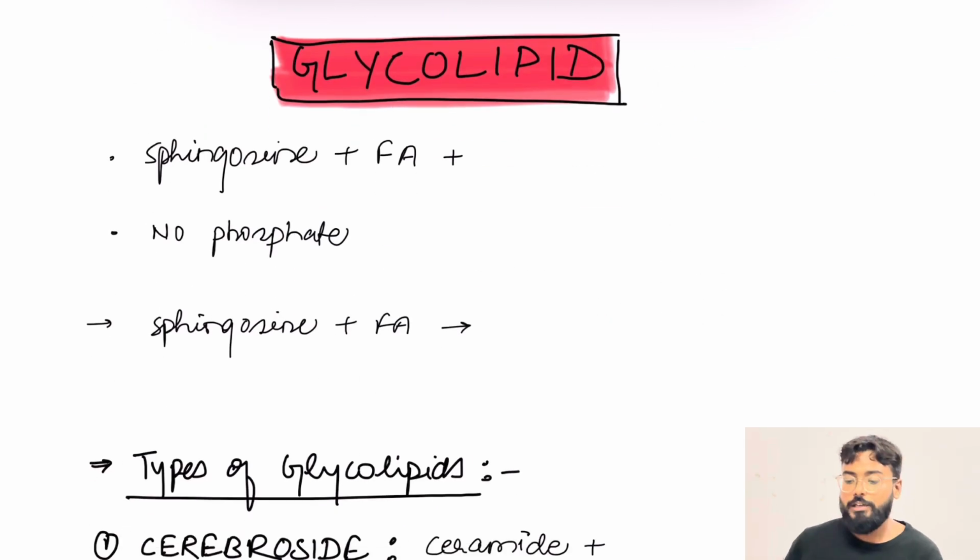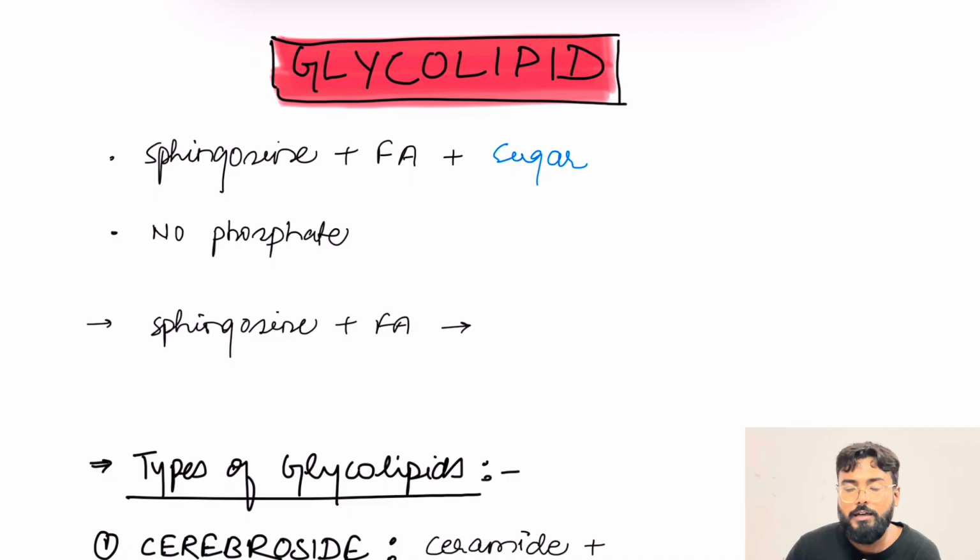Now moving on to the next, your glycolipids. What are the components which form glycolipids? That is sphingosine plus fatty acid and sugar. Any sugar, like monosaccharide, disaccharide, oligosaccharide. When the sugar combines with sphingosine and fatty acid, that is your ceramide that we already know.